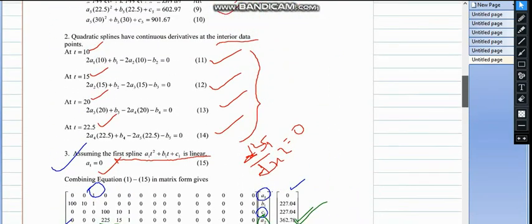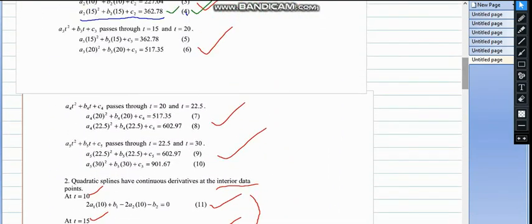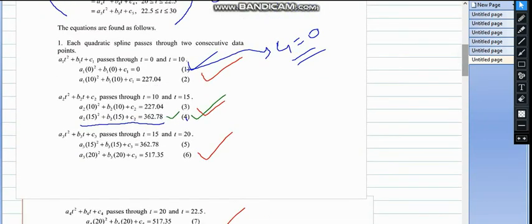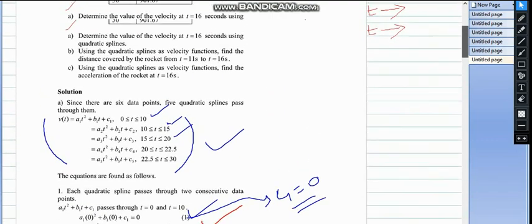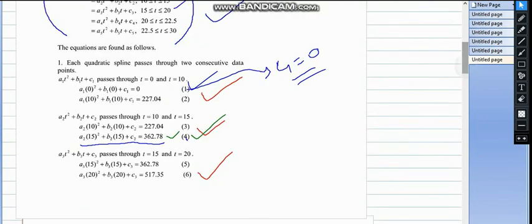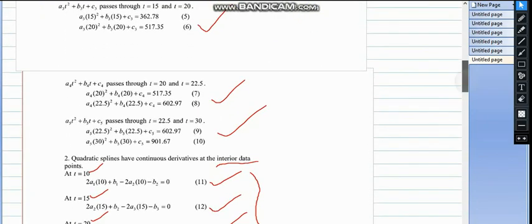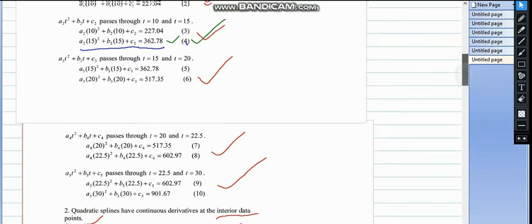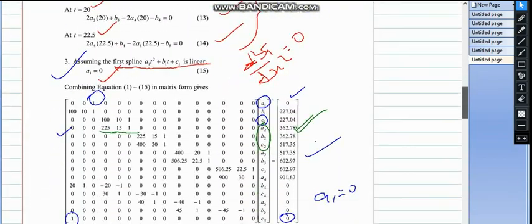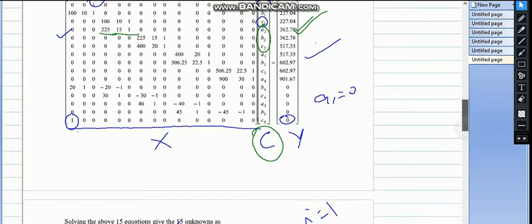So in this case we have considered the quadratic spline. If you consider a cubic spline, we have a1 x cube plus b1 x square plus c1 x plus d1 as our equation for each spline, and we have to substitute all those values given by the data set, and then solve this matrix and find the coefficients for each spline.